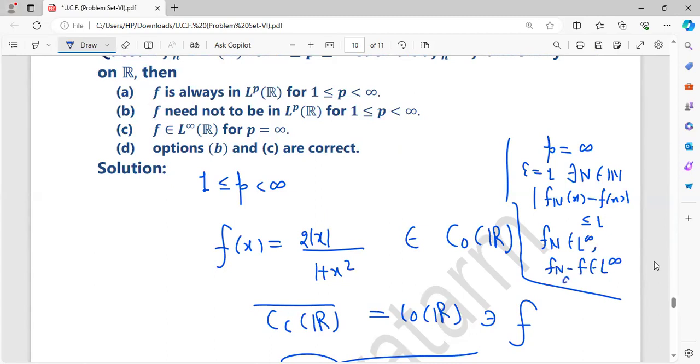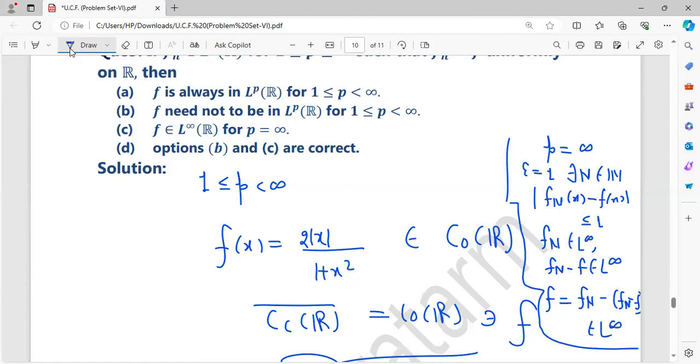L infinity is a vector space, so their difference will belong to it. Because L infinity is a vector space, f equal to fn minus (fn minus f) belongs to L infinity.